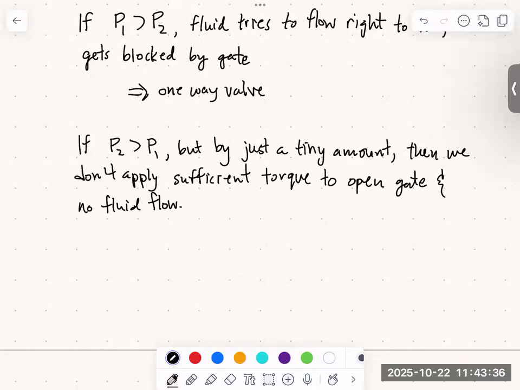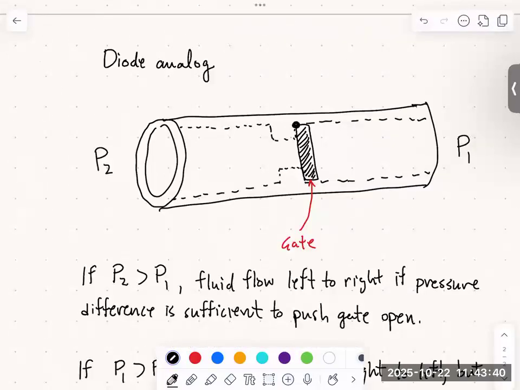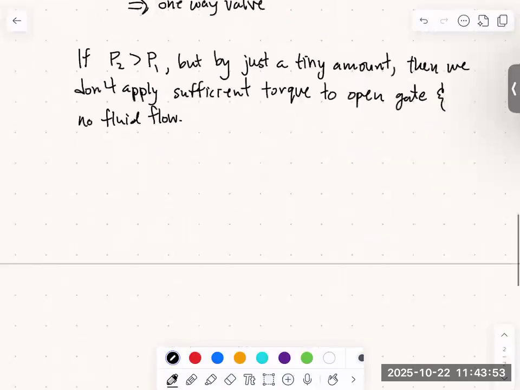So in our one-way valve design, in order to allow the flow of fluid, we need to provide a pressure difference, P2 minus P1, that exceeds some threshold that's required to get this gate open.